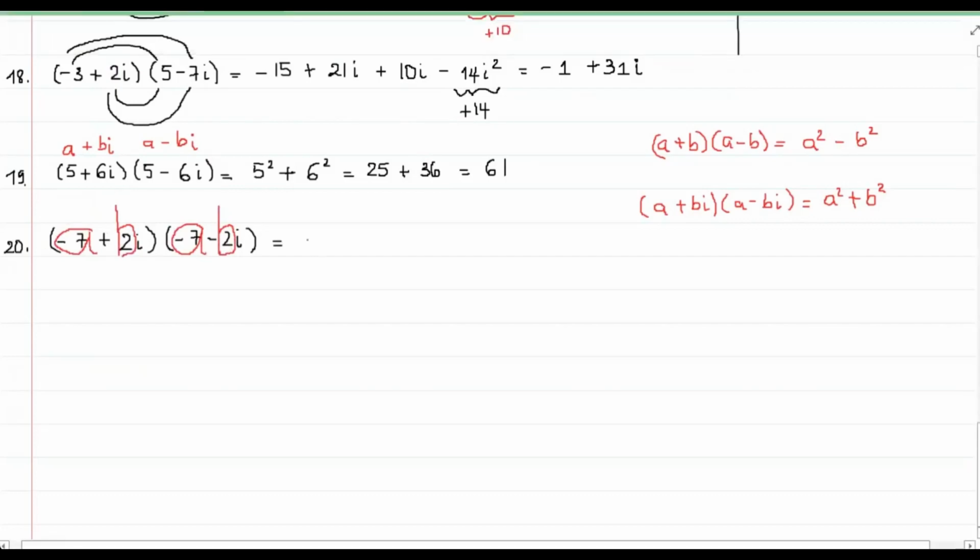So we have negative 7 as a, all squared. Negative 7 all squared, and then you add the b squared, which is 2 squared. That is 49. Remember, negative 7 times negative 7 is positive 49.